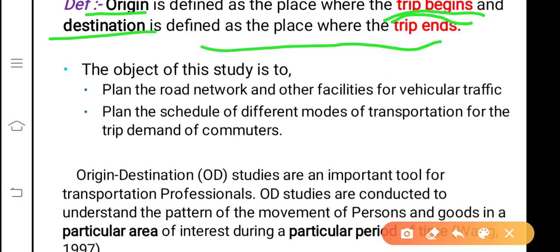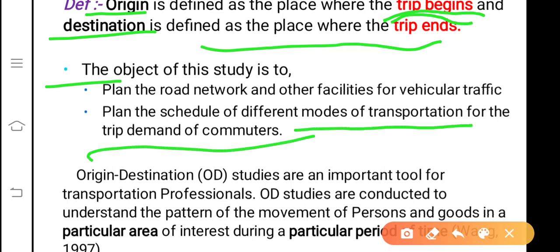That becomes the destination. The object of this study is to plan the road network and other facilities for vehicular traffic, and also to plan the schedule of different modes of transportation for the trip demand of commuters, that is the public. Origin destination studies are an important tool for transportation professionals.